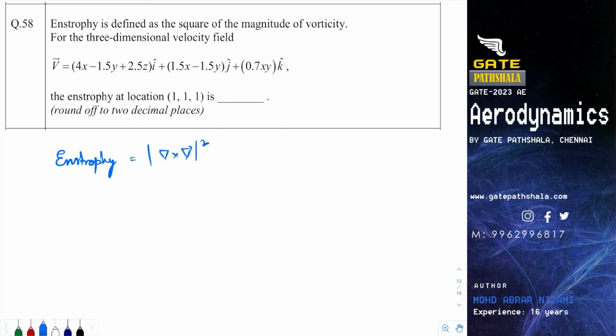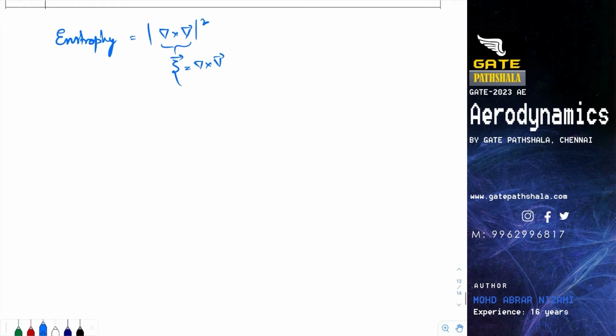It is also given that entropy is defined as the square of the magnitude of vorticity. So curl of V bar is nothing but the vorticity vector. Instead of zeta bar, you better write xi bar, which is curl of the velocity vector. So first find the vorticity.